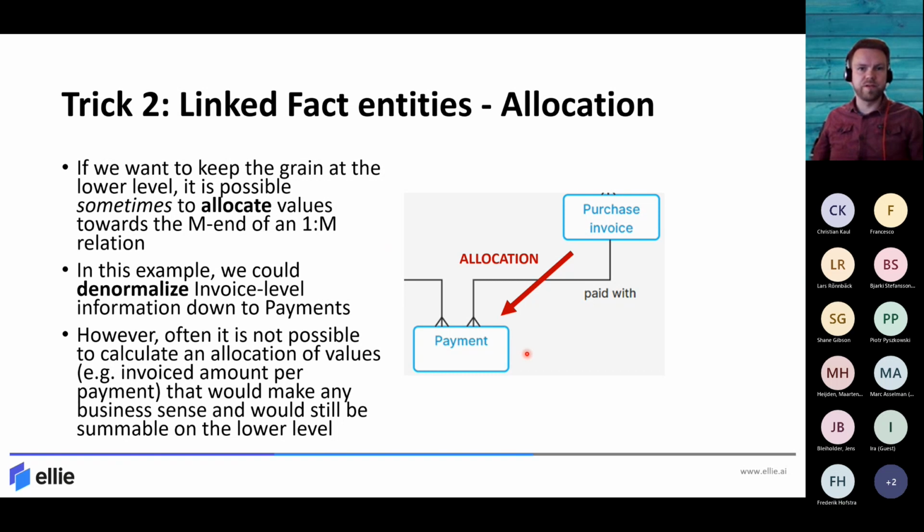And this is a mistake many people tend to make, because if we have a purchase invoice for 1,000 euros here and two payments of 500 euros each, if we put the total purchase invoice amount here in both rows, that would mean that there are two rows, the sum of which is now 2,000 euros.